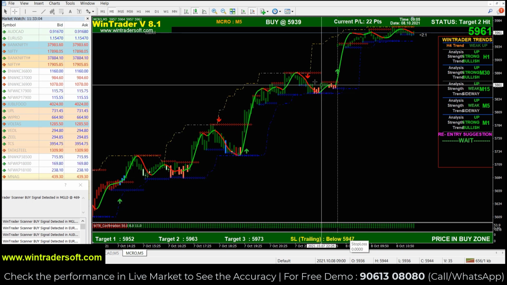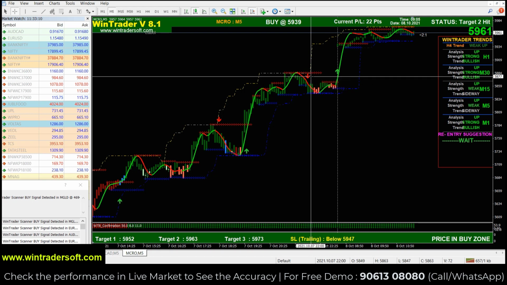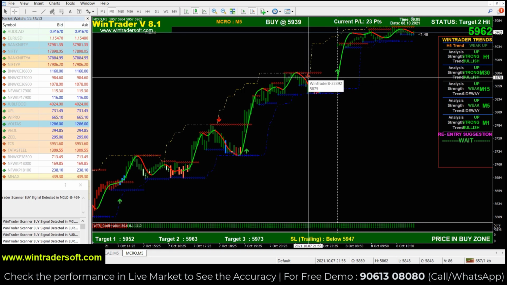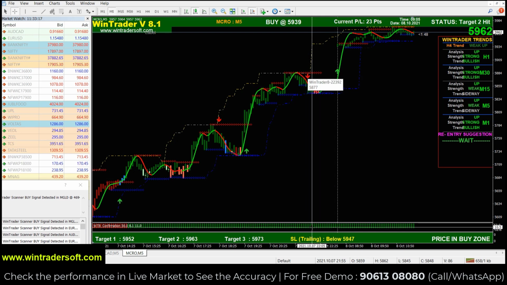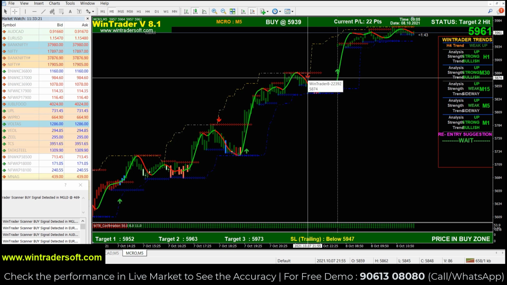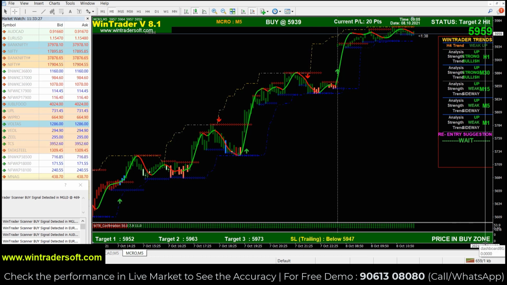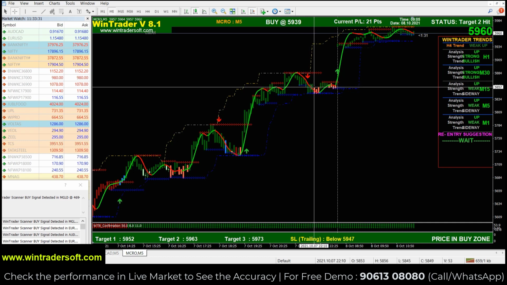Before that, this is a confirmed call. The confirmed call should be like this. If a sell signal generates after the buy call, the bottom bar color must always be red, because here the sell signal was generated and the sell confirmation is that the bottom bar color should be red, the price should be in the sell zone, and when the sell signal generates, the candle color must be red.